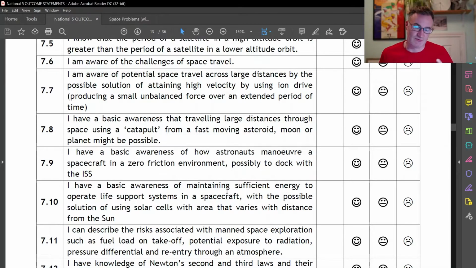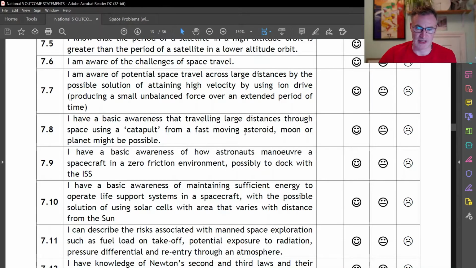I'll make up a scenario of a rocket launching off into space and then returning again, and we can discuss some of these here. So potential across large distances by the use of something called an ion drive. We'll get to that.